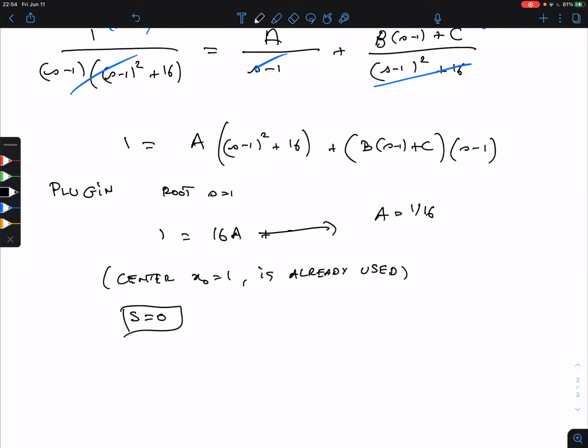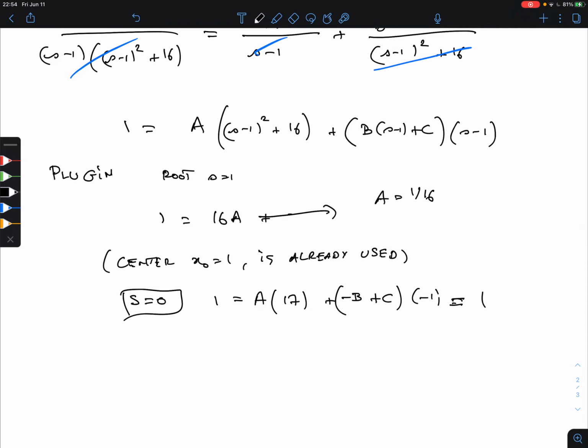So I get 1 is equal to a times 1 plus 16, that's 17, plus minus b plus c times minus 1.